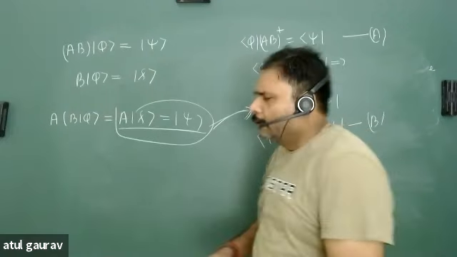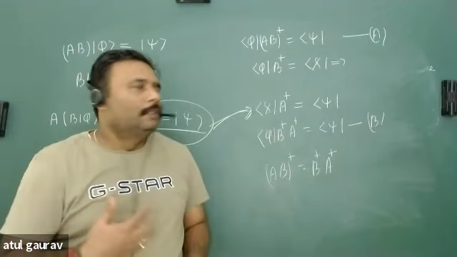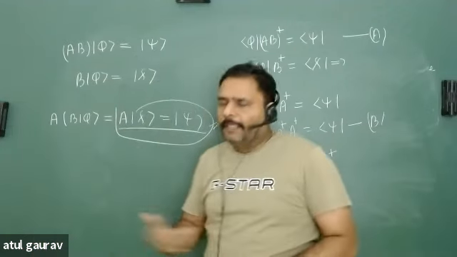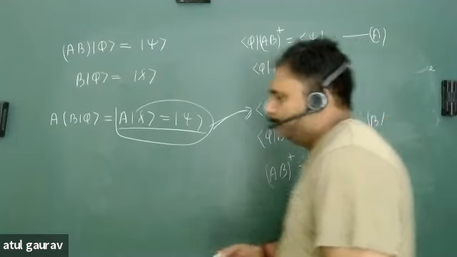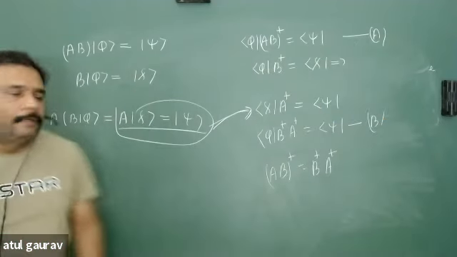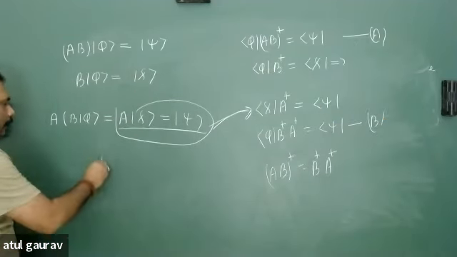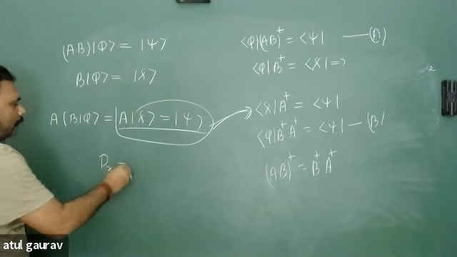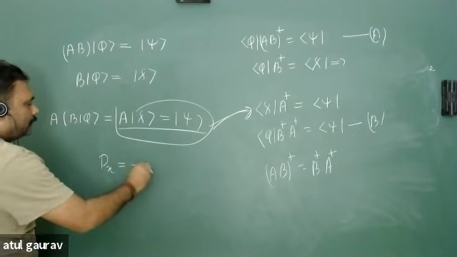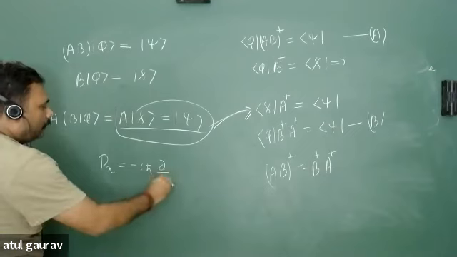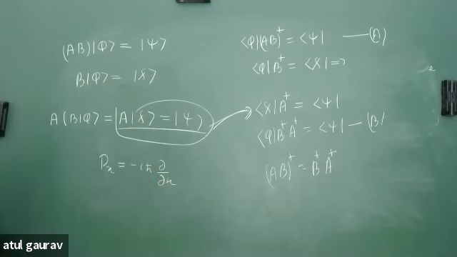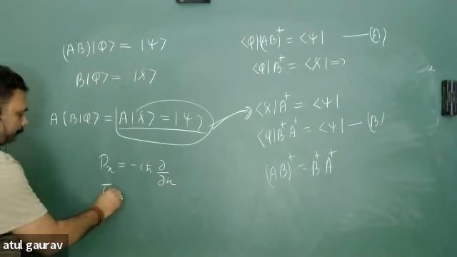I am not going to write each and every operator, but some operators are very interesting. For example, in quantum mechanics you have the momentum operator px, which is nothing but minus i h bar del upon del x.